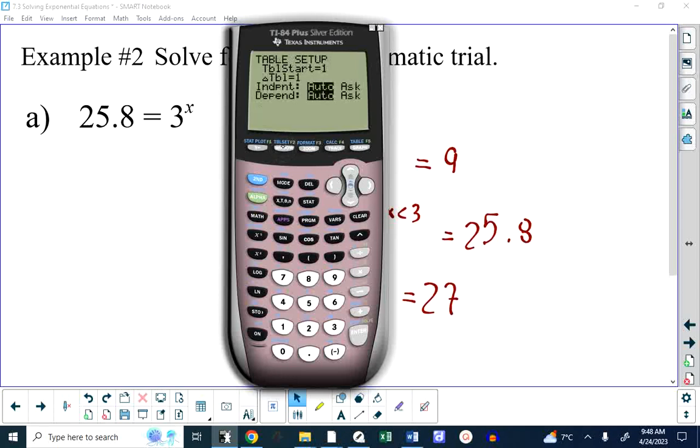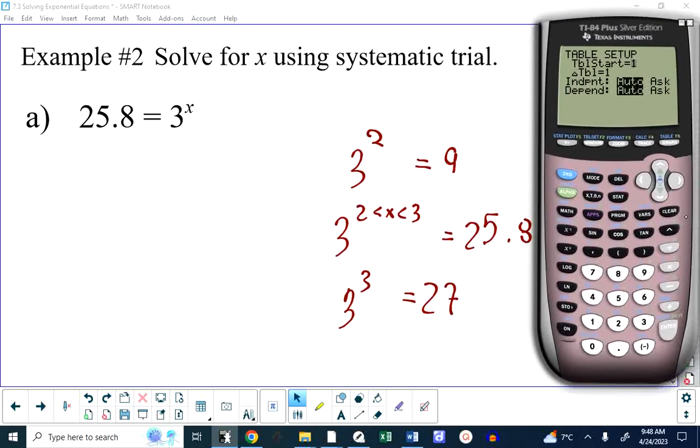I'm going to change my table setting to automatic. I'll show you 2 ways to do this. Automatic, and I'm going to start at 2, and I'm going to go up by 0.1. This is going to create a table that has 2, 2.1, 2.2, 2.3, etc.